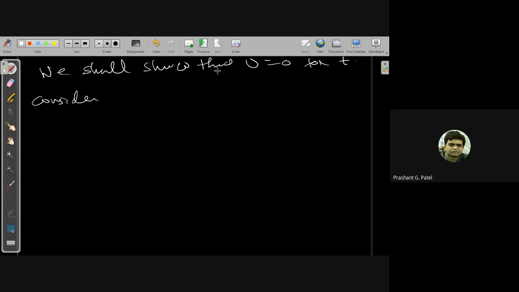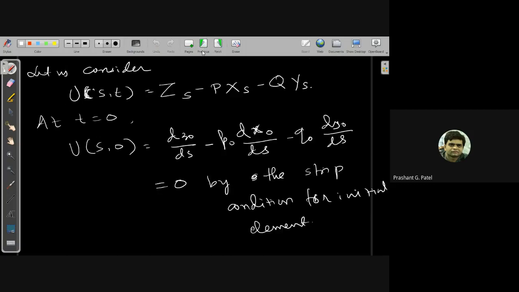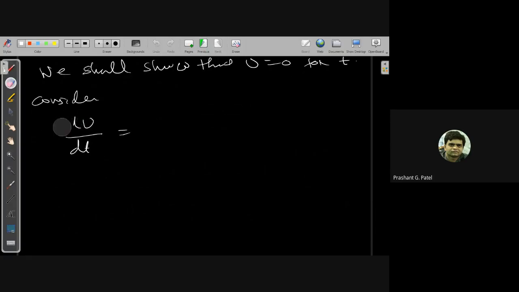We shall show that u is equal to 0 for all t. Ultimately, we will show that u is a constant function, so I need to show that its derivative is 0. The function u is z_s minus p x_s minus q y_s. If I differentiate this with respect to t, it is not d, it is actually del.